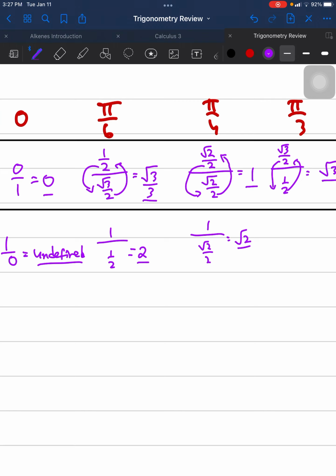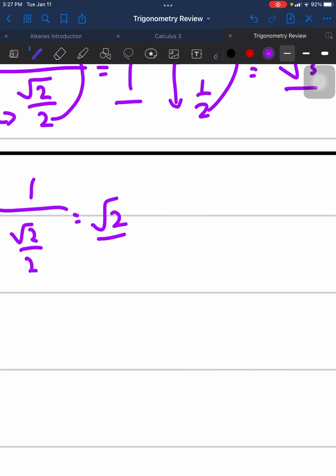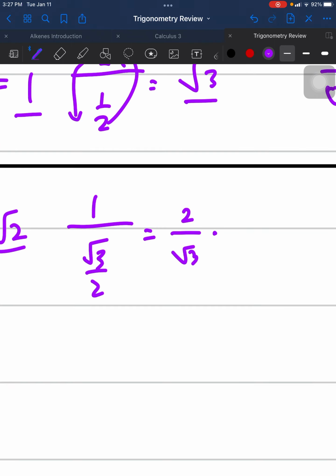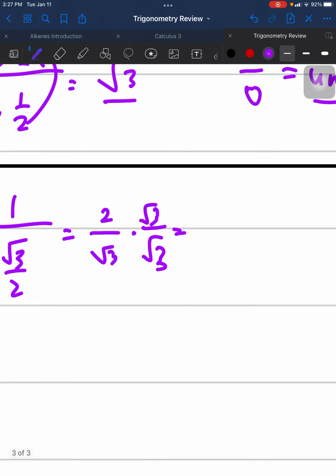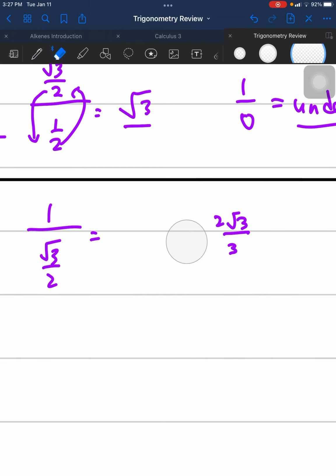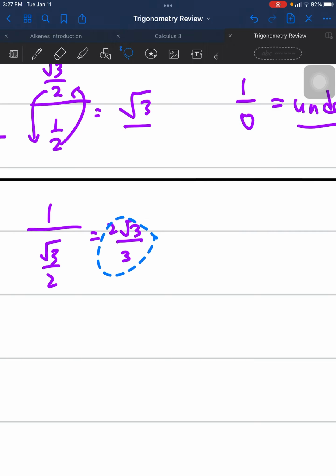Now for pi over 3, sine of pi over 3 is radical 3 over 2. So we plug in that value for 1 over sine x. So 1 over radical 3 over 2 is equal to 2 over radical 3. And once again, we multiply by its conjugate in order to make it in a simpler form. So we get 2 radical 3 over 3.